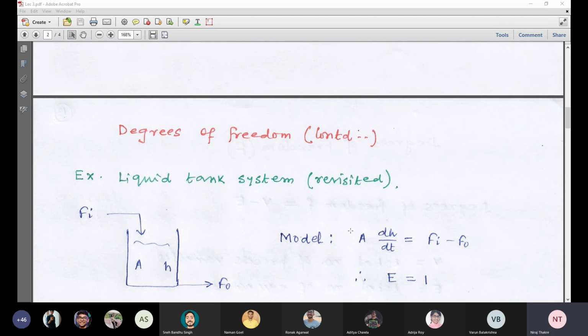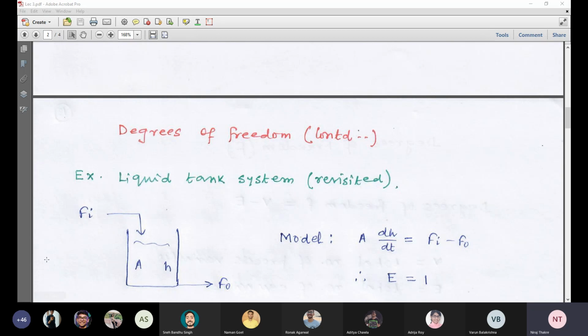So you see, this is the liquid tank system. As usual, we are considering Fi as input variable and Fo as output variable. A is the cross-sectional area, H is height. This state equation or model we developed before by the application of conservation of mass, and we got A dH/dt equal to Fi minus Fo.